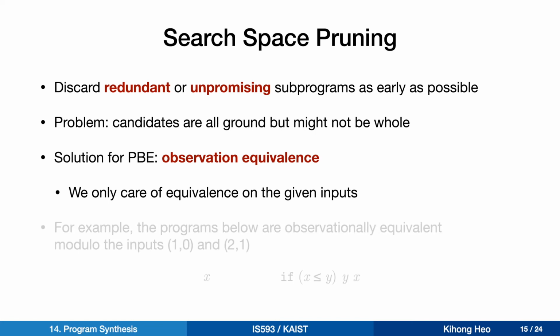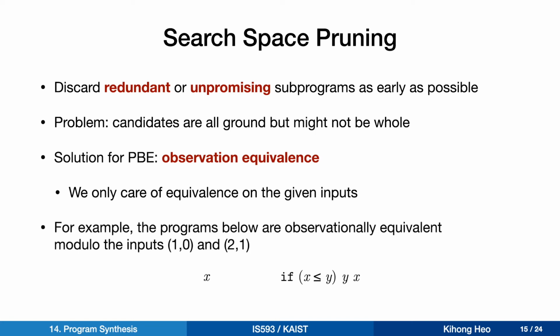For example, these two programs are observationally equivalent modulo these two inputs. Their input-output behaviors are the same modulo these two inputs. That means this program can always be used instead of the other program under the input-output specification.